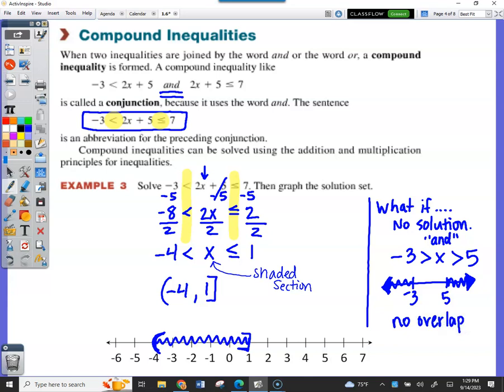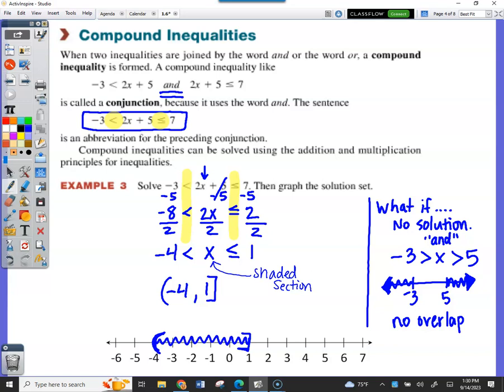There's no number less than negative 3 and greater than 5. It doesn't exist. So that's what it would look like. If it was an and inequality and you did divide by a negative, the signs would flip in an awkward direction, and then it won't make sense. There's no overlap. Now let's do an or inequality.